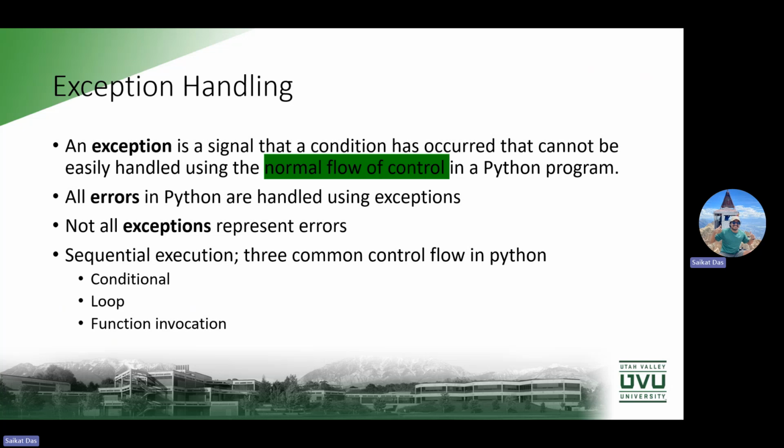The third type of control flow is function. We'll also be discussing functions in weeks 4 and 5. A function is like, if we have to perform some particular task, for example, calculating Mira's share, we can create a function. Only when we call that function, like invoke that function, that code will be executed.